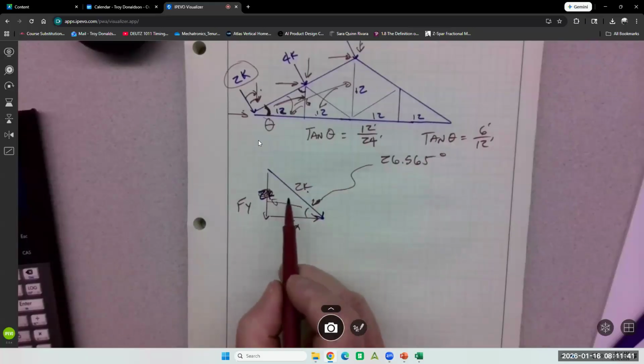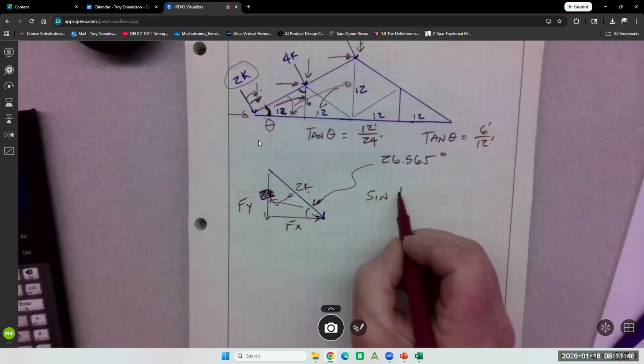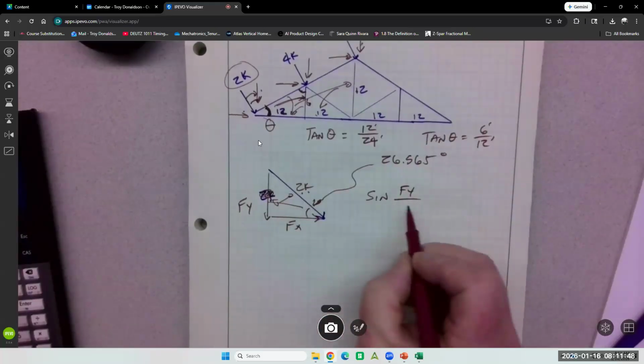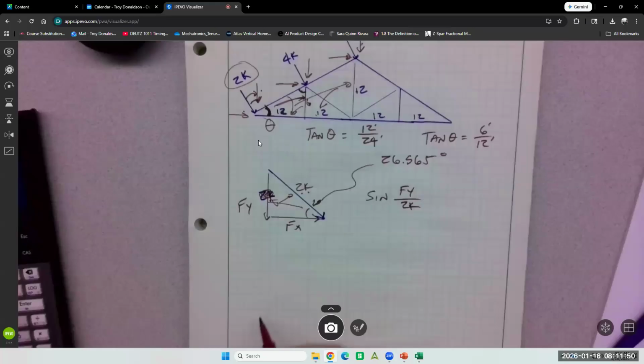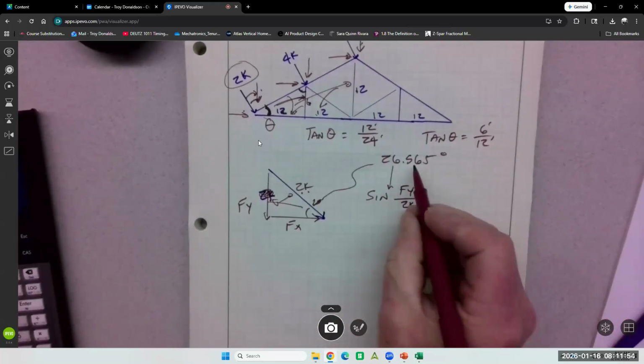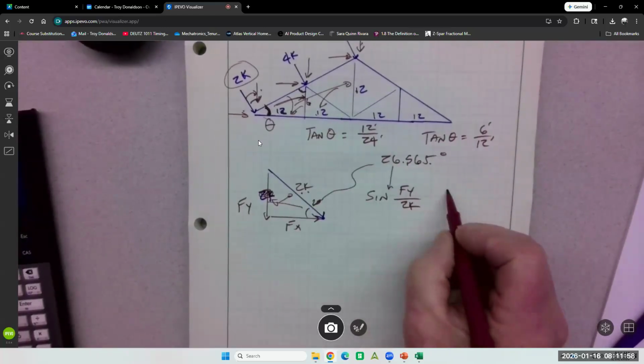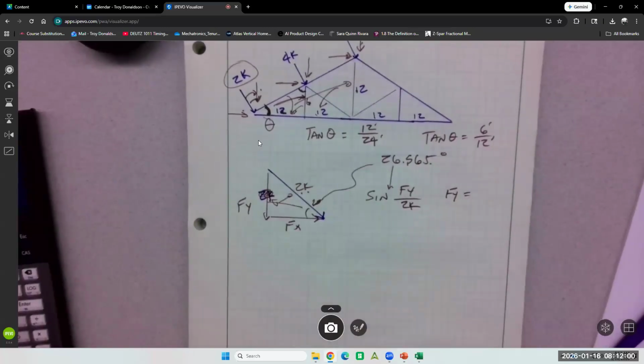So I'll do sine opposite Fy over hypotenuse 2K. And that'll be sine of 26.565. For that, I got 1.78877.